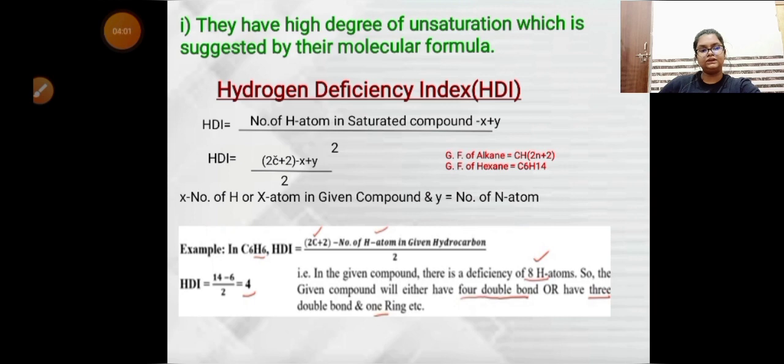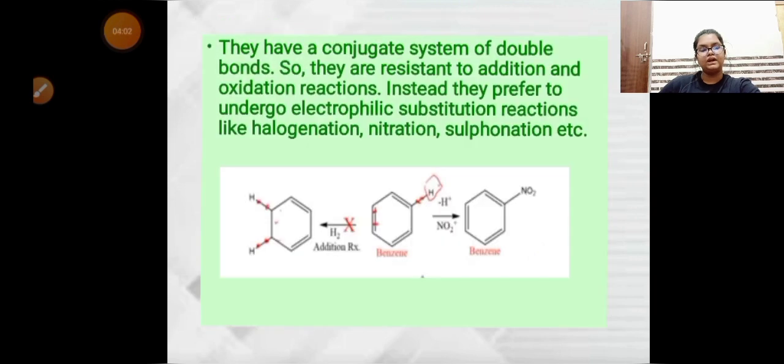Now the second characteristic is they have a conjugated system of double bonds. Means that the double and single bonds are present alternately. Means that the pi electrons are present in conjugation. Pi electrons are continuously moving, and they are releasing some energy.